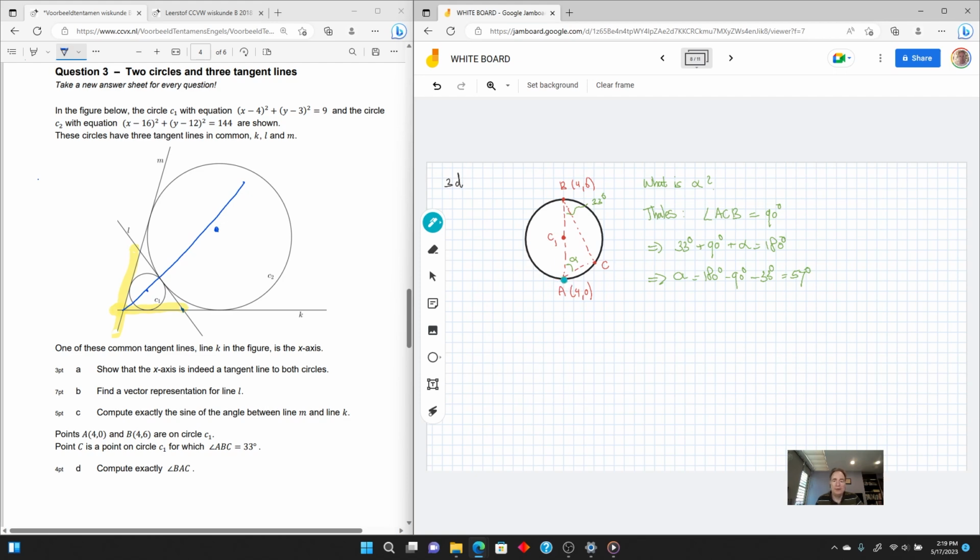I get 4, 0 here and 4, 6. And then I put a point C here for which this angle is about 33 degrees. Probably somewhere here, it could also be here, doesn't matter. And then they want us to say what the angle alpha is, the angle BAC.